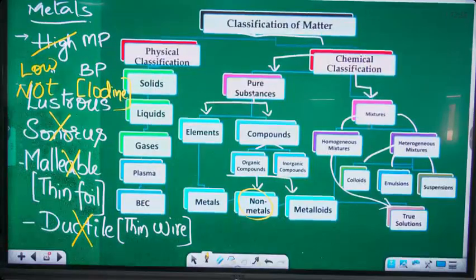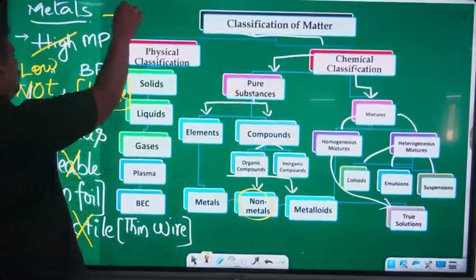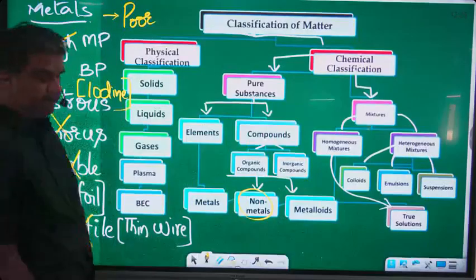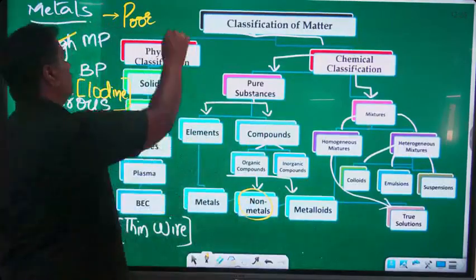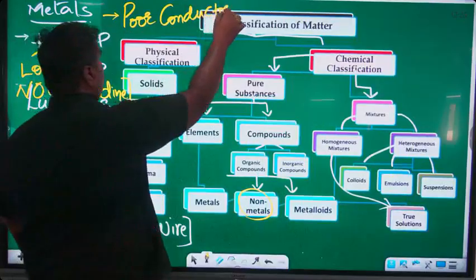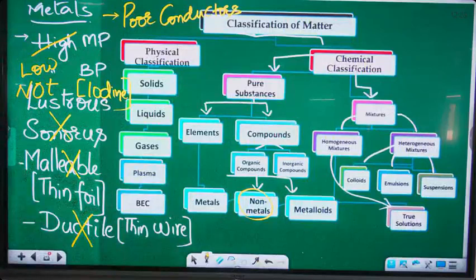At the same time, non-metals are poor conductors of heat and electricity.